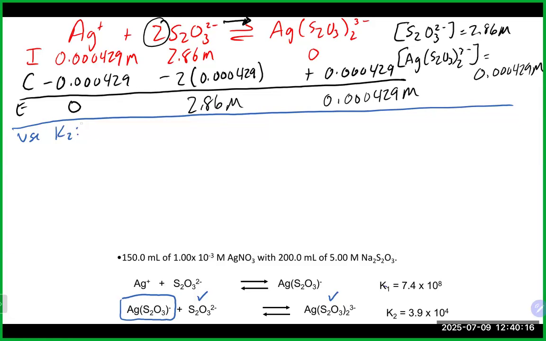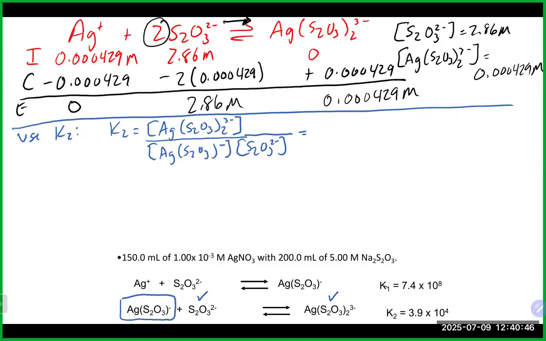So I'm going to use, in this case, the K2 reaction. And the K2 reaction, if we write our equilibrium expression for it, is the concentration of AgS2O3 minus divided by our Ag and our S2O3 2 minus.